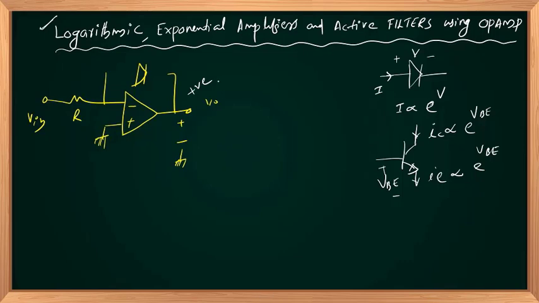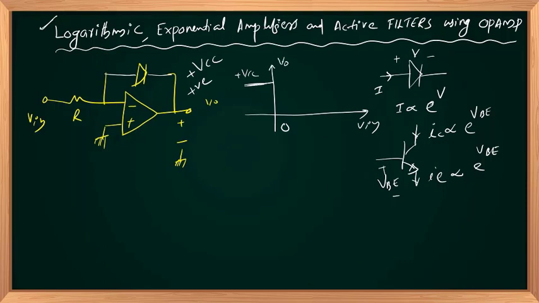In this case, output goes to positive VCC. If Vin is greater than 0, output is negative, diode turns on. So the circuit has an output V out equal to plus VCC for a negative value of Vin.